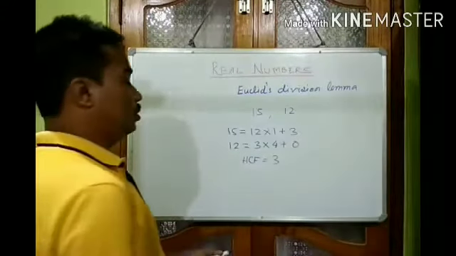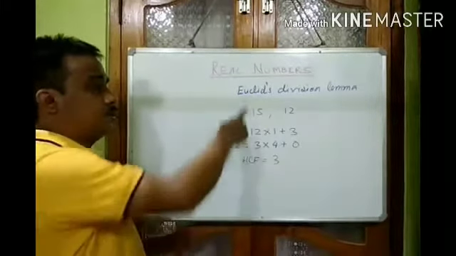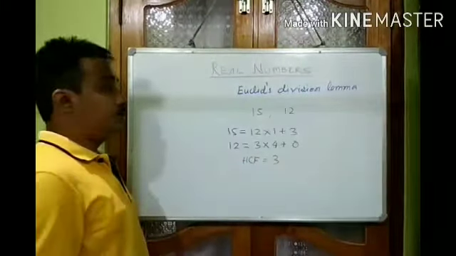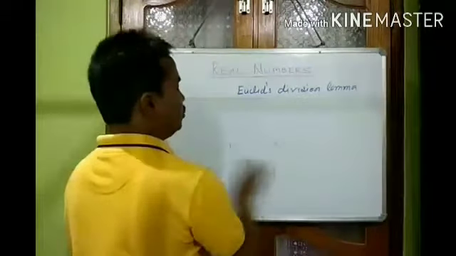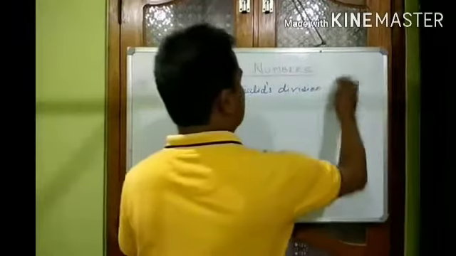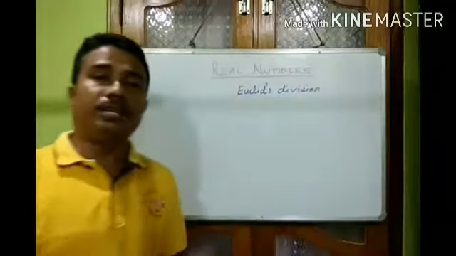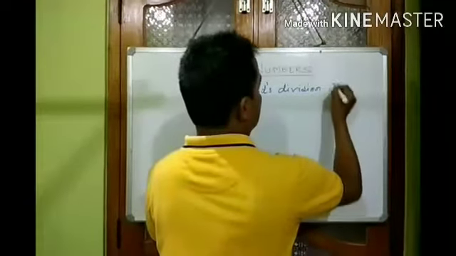This steps of finding the HCF of two numbers is called Euclid's division algorithm. So Euclid's division algorithm is basically steps for finding the HCF of two numbers.